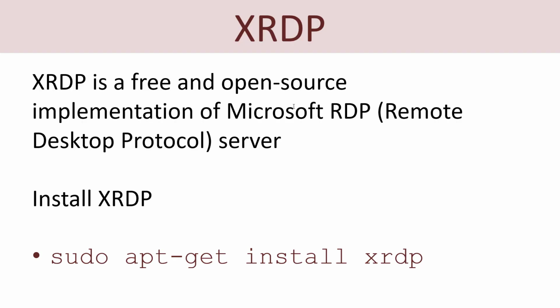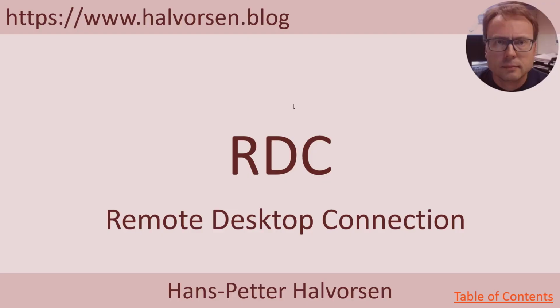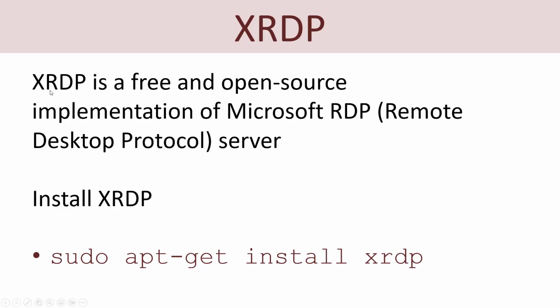So first thing we need to do is to install a remote desktop connection server on the Raspberry Pi, so we are able to connect to that server from our PC. So then we need to install a software called XRDP, which is a free and open source implementation of the Microsoft Remote Desktop connection or desktop protocol server.